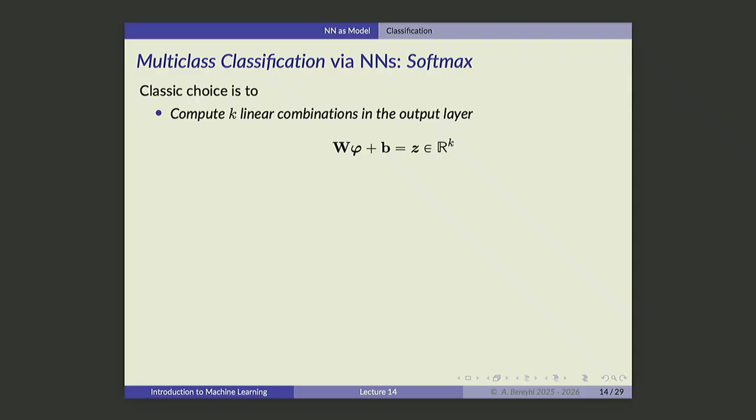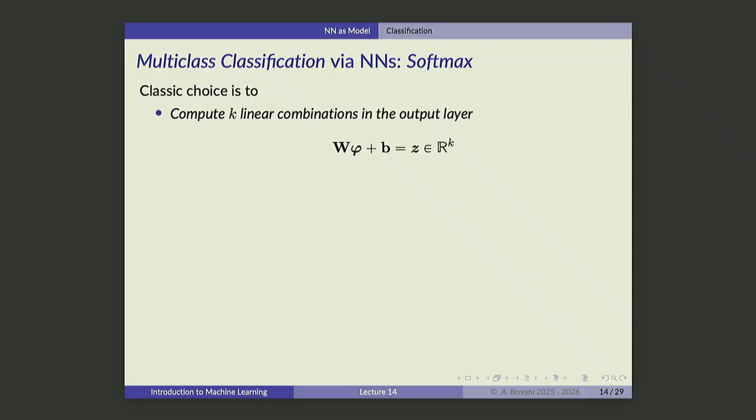Obviously, the number of columns you have in W should be the size of your feature, because every row is going to get multiplied with the features, right? And the number of rows you want is K, the number of classes, right? So you should treat every single entry inside Z as a computation specified for one class, right? Everybody's cool? You see that?